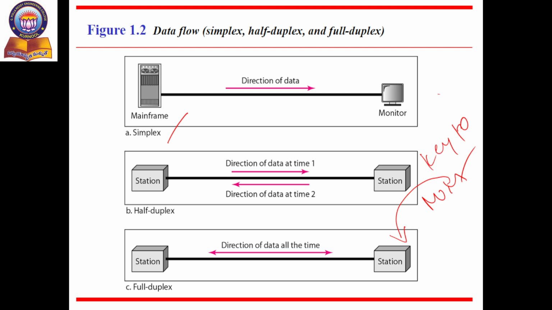So we are sending data from keyboard to monitor, and not getting data from monitor to keyboard. This type of transmission we name simplex. This happened more in olden days, where we had mainframe servers, and there we have seen this type of simplex data transmission.